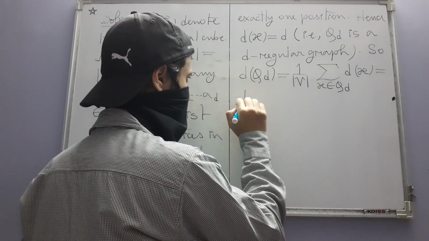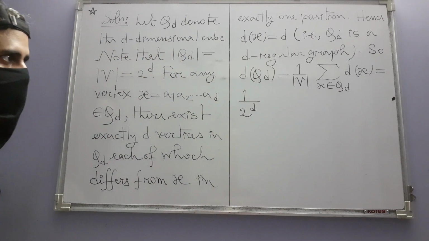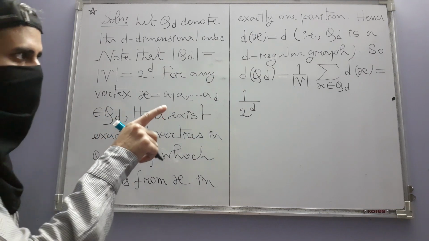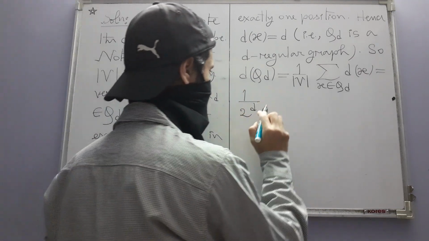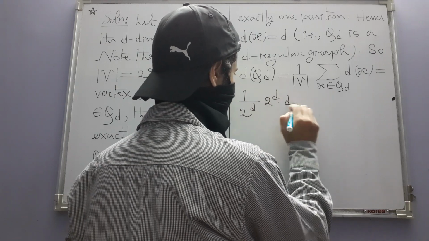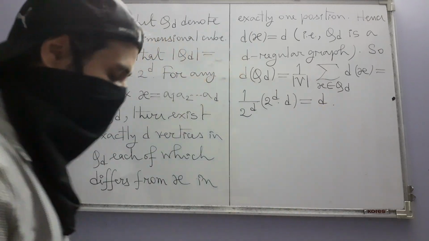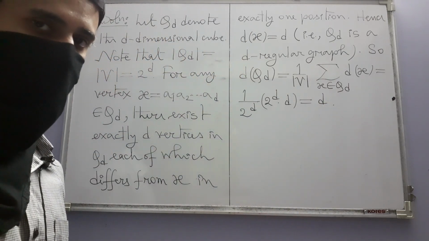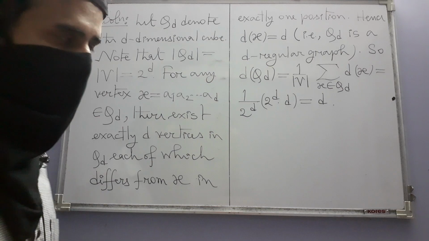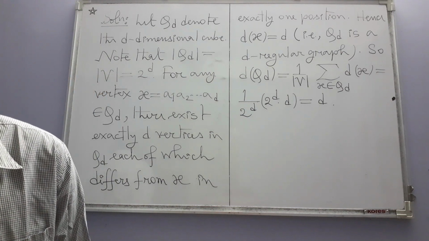So how many vertices are there? 2 to the power d. And because each vertex has degree d, the numerator is just 2 to the power d times d. So that gives us this. So that means QD has average degree equal to d. Okay, so that is just average degree.